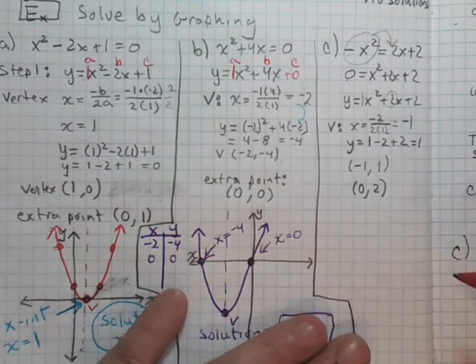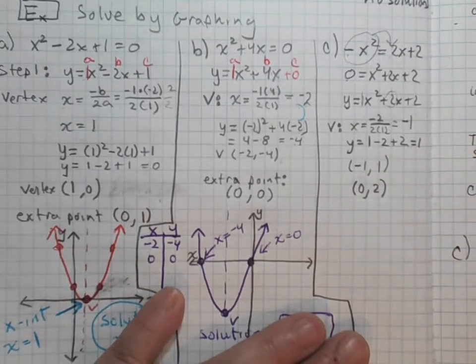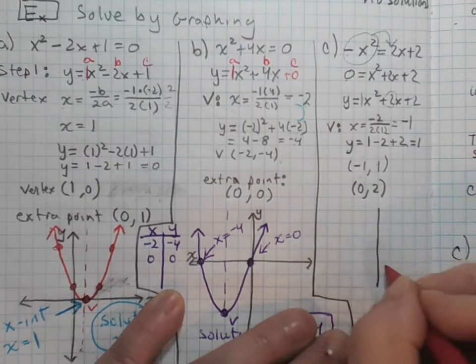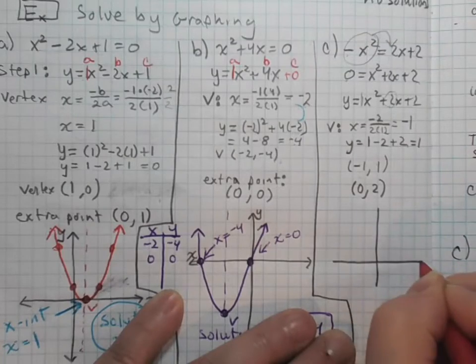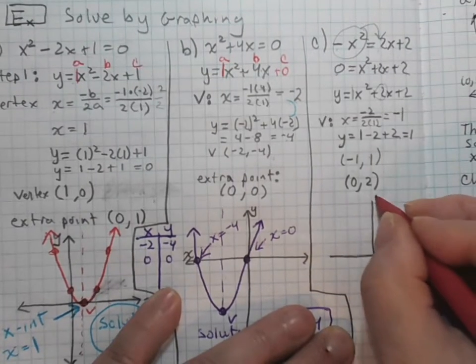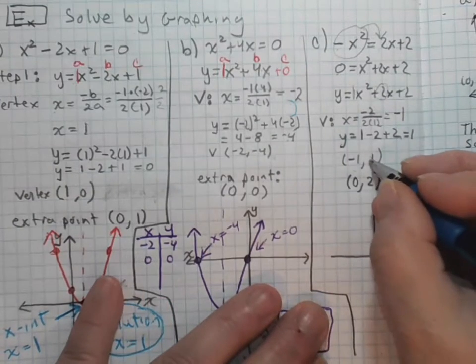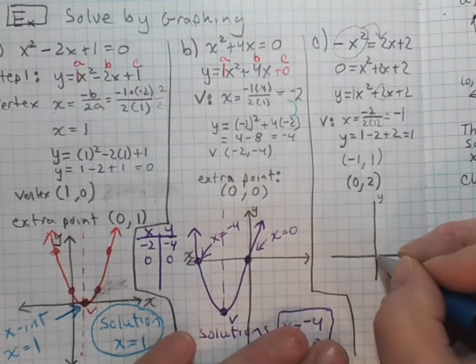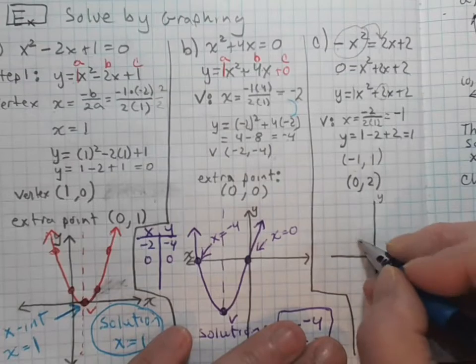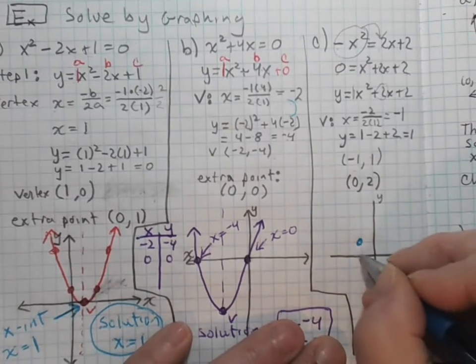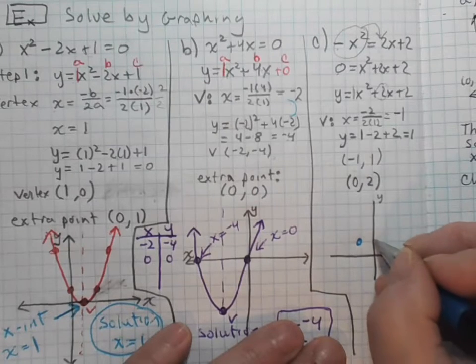I'm going to graph both of those. X-axis, y-axis. All right, let's see what this looks like. -1, 1, it's right here. 0, 2, 1, 2.